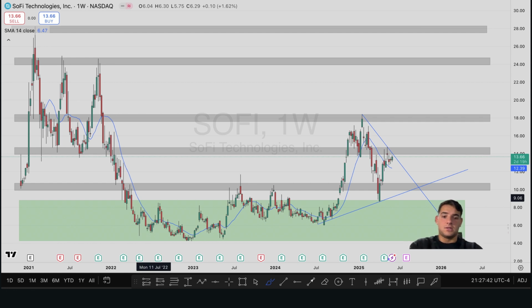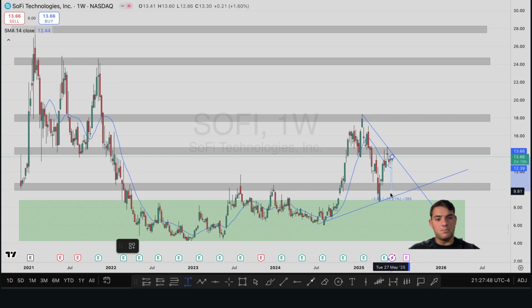It does not mean that it will come down to this price, but to me this is the best area to buy. For the stock to come down to this green zone, it should come down about 35%. Can it happen? Yes, but I don't think it will. This is just a tool that I use to have knowledge of areas and price targets.